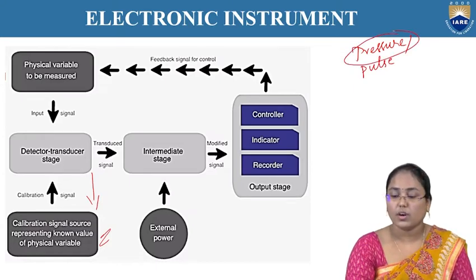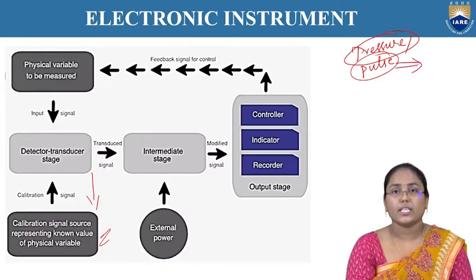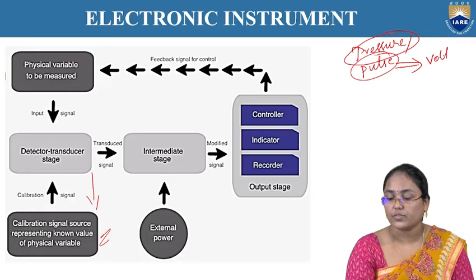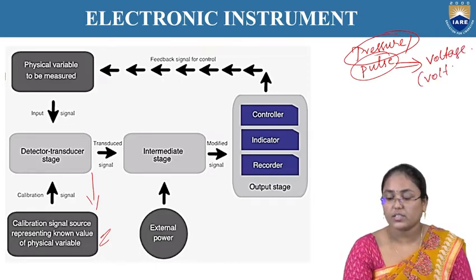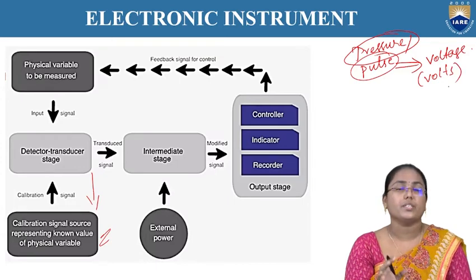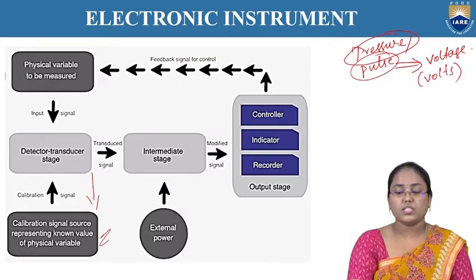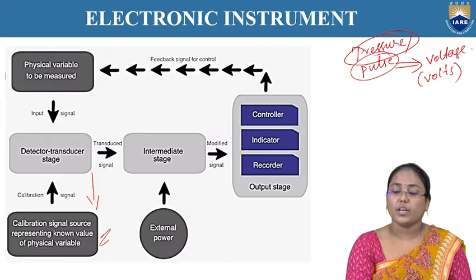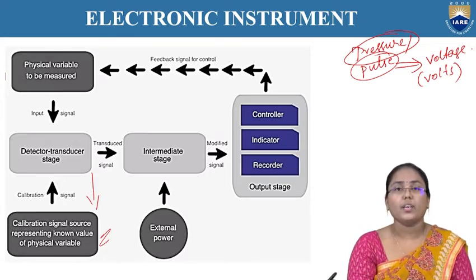Now this pressure or pulse is converted to another form, for example voltage. This voltage will have certain measurements, some certain volts, as it is measured in volts. If it is converted into current, then it will be in amperes.